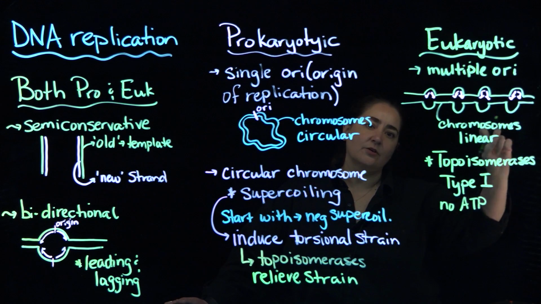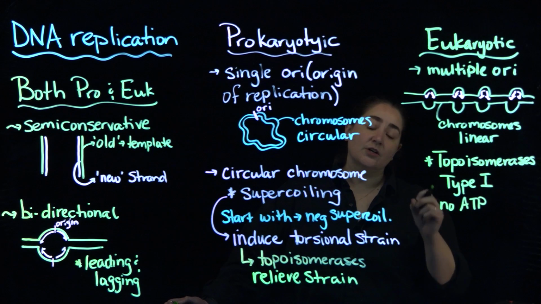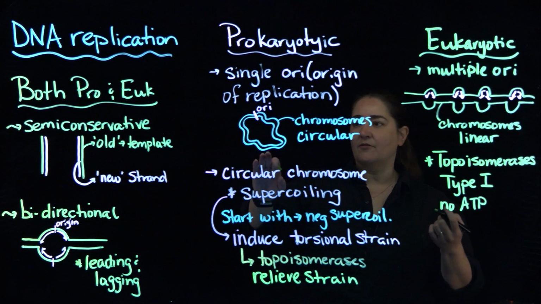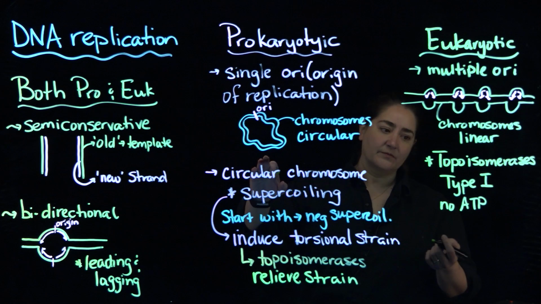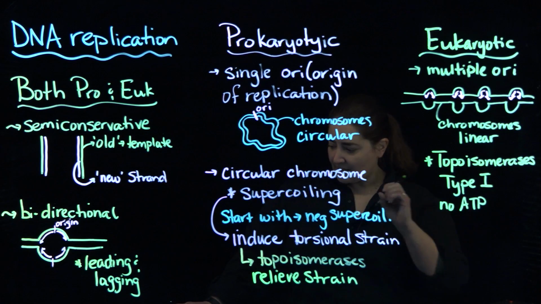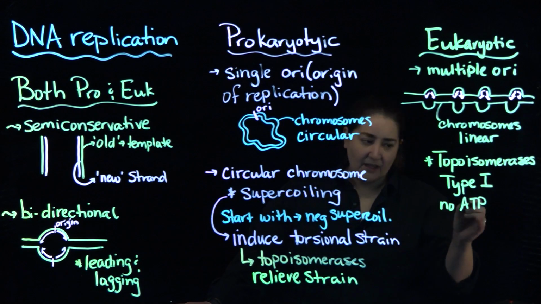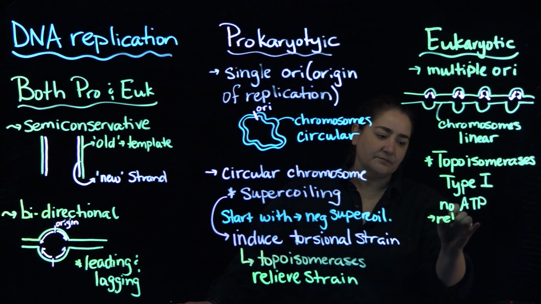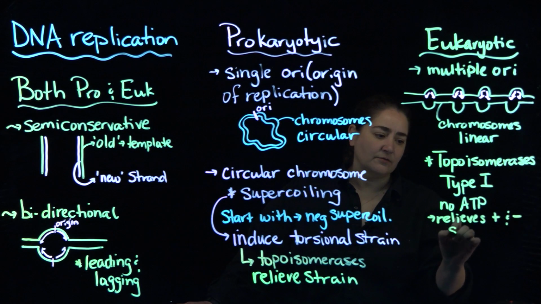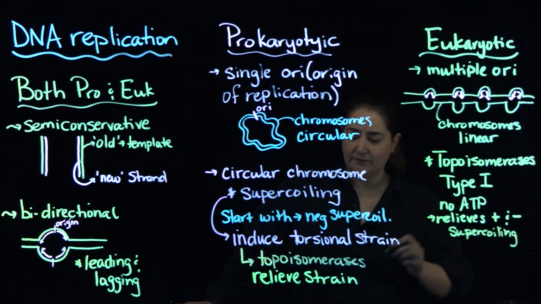Because you've got a linear chromosome, the torsional strain associated with opening that up, you're still going to have some strain on the DNA molecule, but it's not going to be at quite the level that you do when you've got a closed circle, okay? So the type 1 topoisomerase doesn't require ATP, and it relieves positive and negative supercoiling that happens, all right?